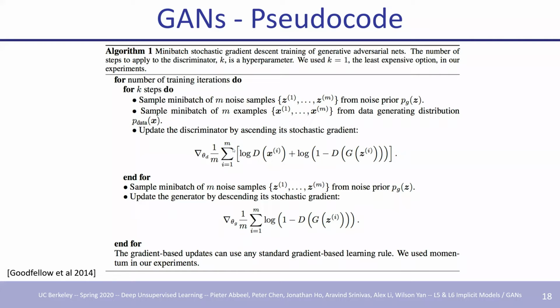So this can be ignored here. And so we'll only look at the second part of it. Sorry, this is theta D is the parameters of the discriminator. Theta G is the parameters of the generator. So we calculate this loss, and then we backpropagate.